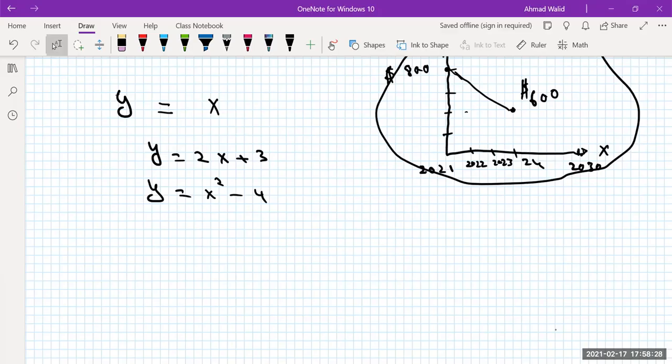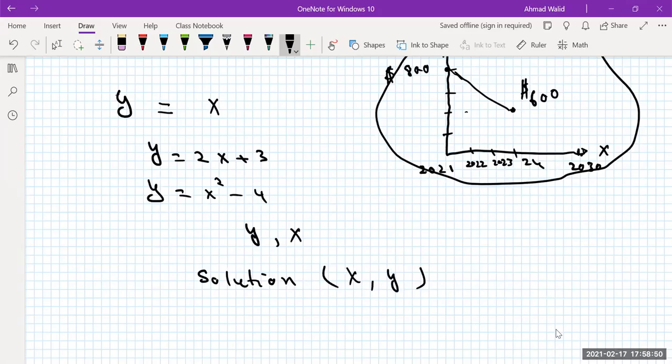The solution of an equation in two variables, which are Y and X, is always an ordered pair (X, Y). Correct?